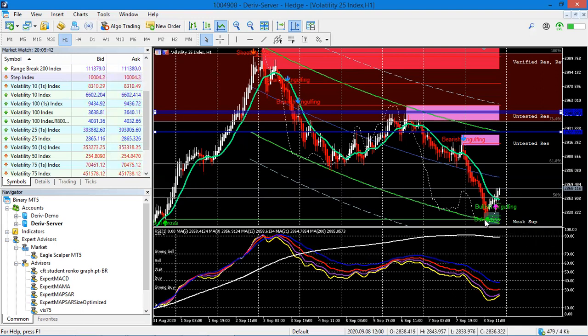And it bounced on the lower line here, right? And you can see there was a distance between the lower line and the center line, which is the center of gravity. So automatically we know that, okay, prices will be attracted to the upside because there's space between what? The lower line and the center line. So what we know is that, okay, price has the potential of moving up.